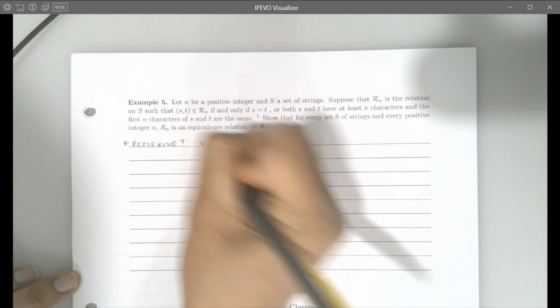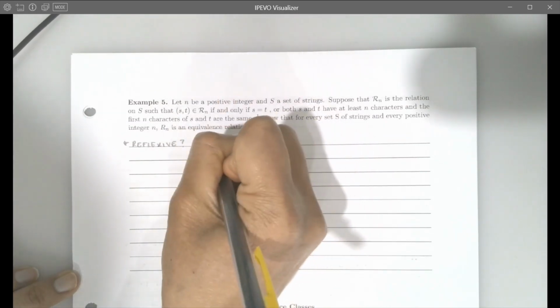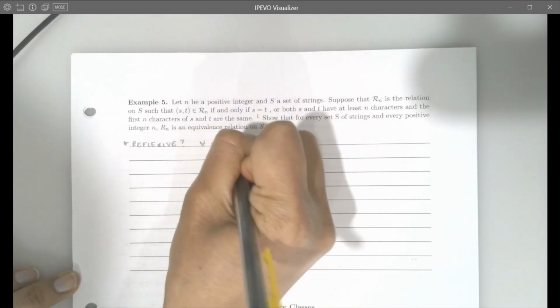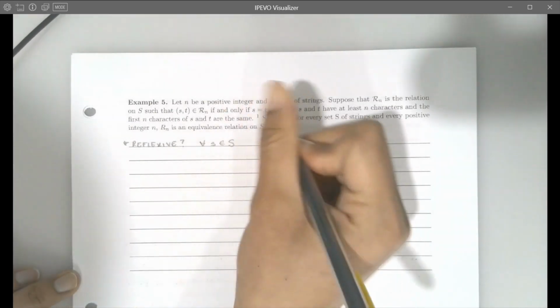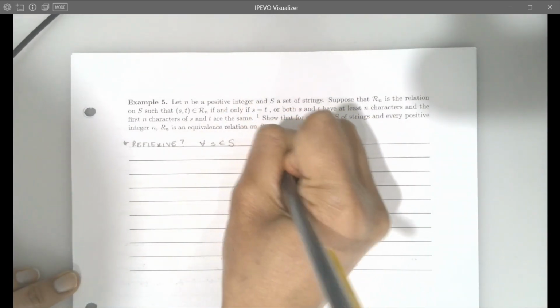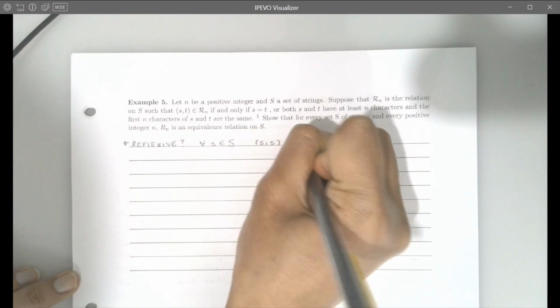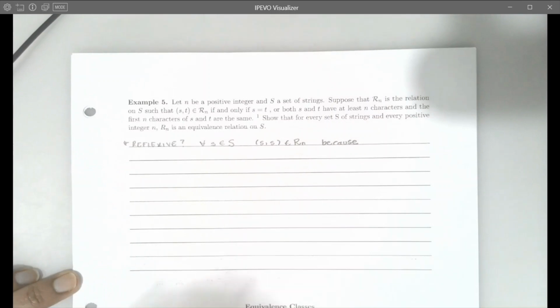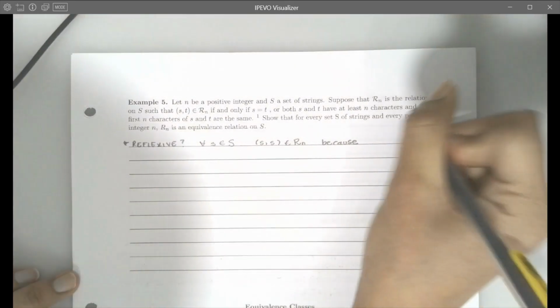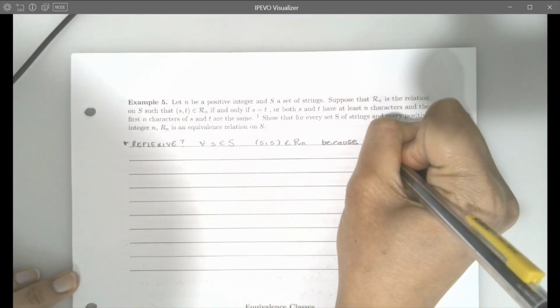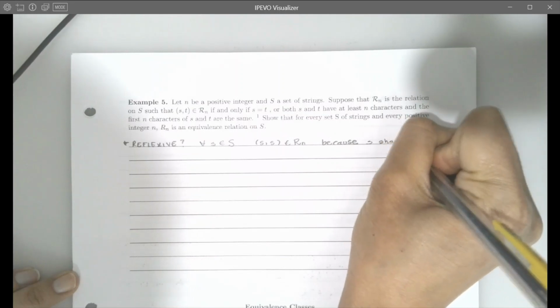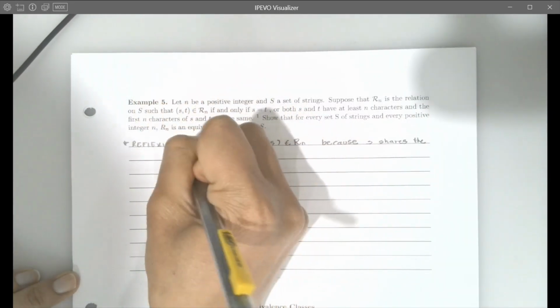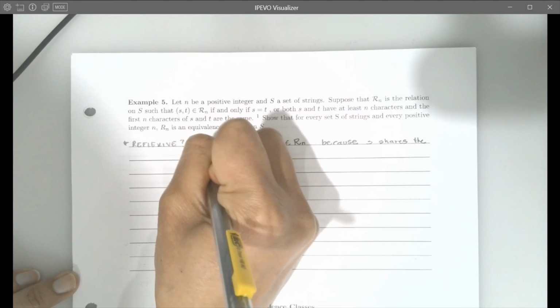Well, for any string, let's call it S, for any string S in the set of all strings, S comma S is going to be part of Rn because, well, it's a copy of itself and it's going to contain exactly the same characters, including the first n characters. And because S shares the same first n characters with itself.